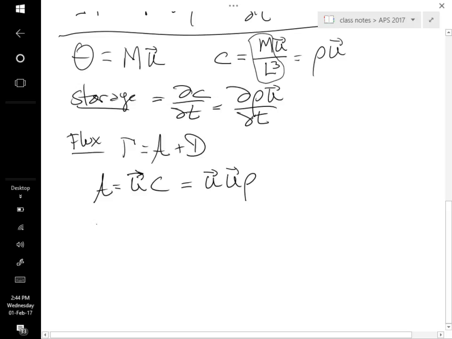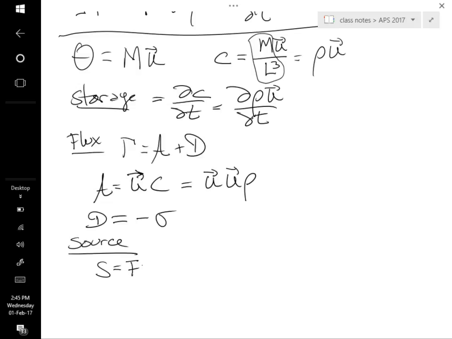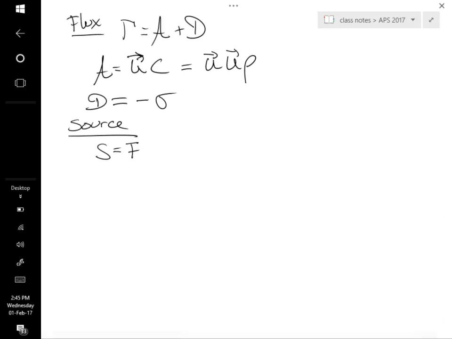Now, the diffusive flux of momentum is going to be equal to the stress within the fluid. So I'll use sigma to mean the stress tensor, and then we can also recognize that we'll have a source, and the source we'll just call F. In many applications, F will end up being the unit weight of the fluid, which will create a body force, like hydrostatic pressure, but we'll just keep it as a generic F for now.